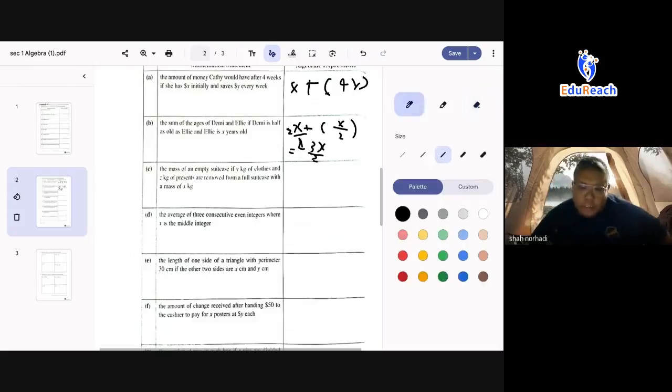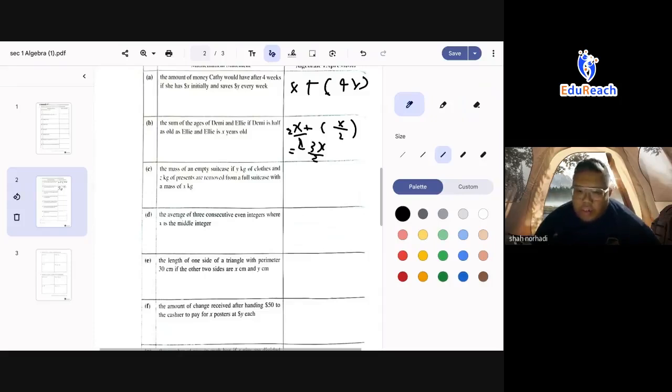So it says that the mass of an empty suitcase, if y kilo of clothes and z kilo of presents are removed from the full suitcase with a mass of x kilo.